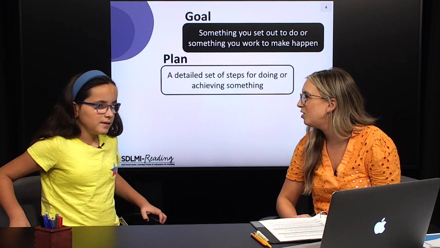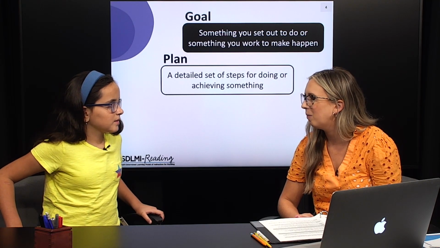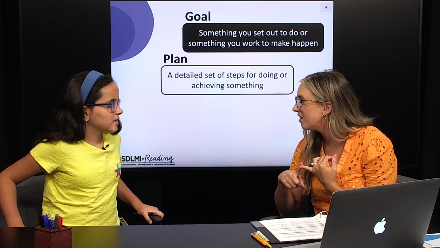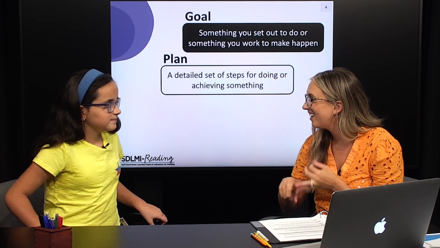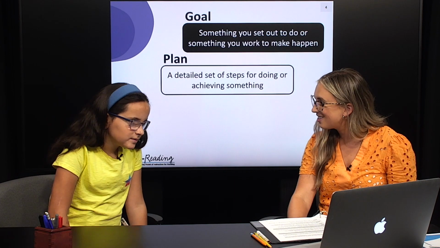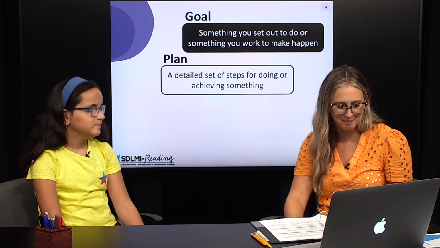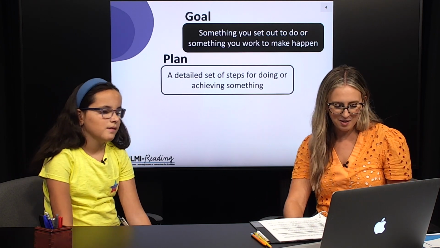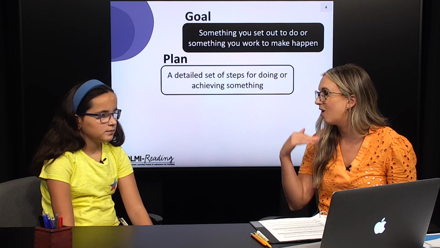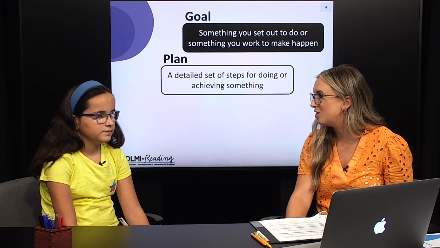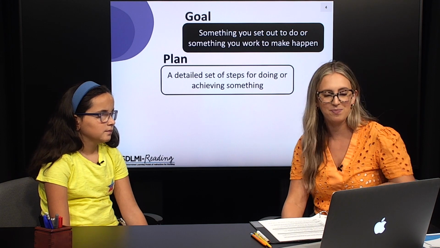That's awesome. So you went to Disney and you thought about a plan on what rides you wanted to ride and the food that you were going to eat? That's awesome. That's a really good plan. That sounds like a fun plan. All right, so we know that plans are steps to helping us do something successfully.